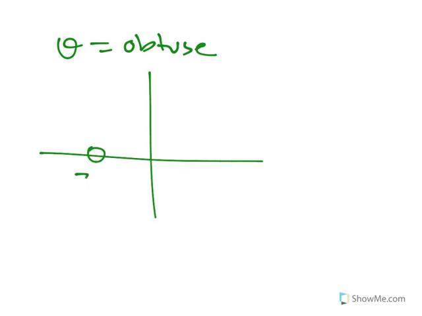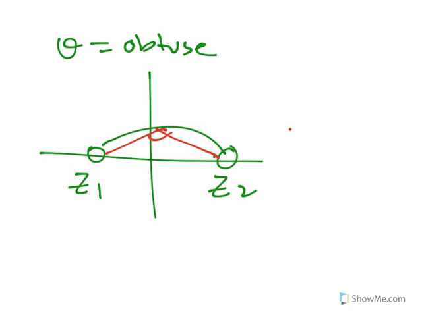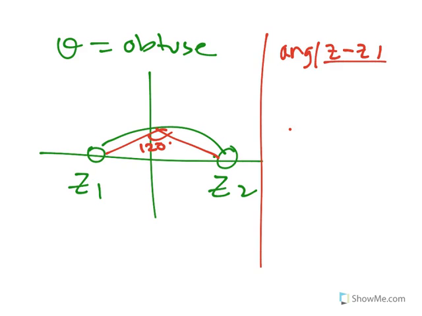Now the thing is, if theta is obtuse, so you have z1 and z2, then in order to get an obtuse angle, that angle inside there has to be the obtuse angle. Say it was 120, okay. Just to make it really clear, this is based around the most basic one, which is the one that sits on the x-axis, and then they all just follow suit.